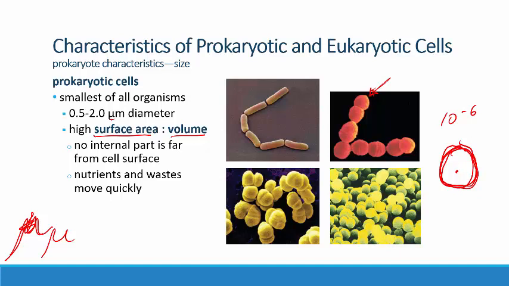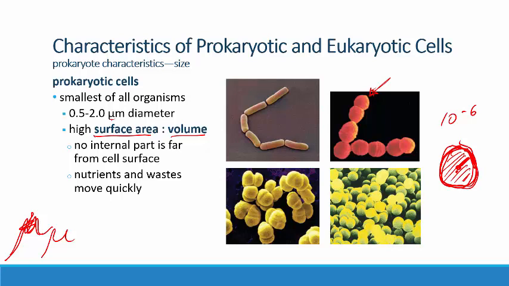The volume would be all of the fluid plus the organelles and other parts inside of the cell. When we say that an organism has a high surface area to volume ratio, that means it's only a short distance to get from the furthest part of the cell where living parts are found to the membrane where we exchange gases and exchange nutrients and wastes.